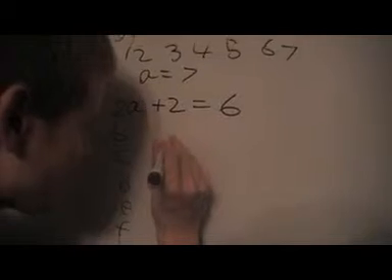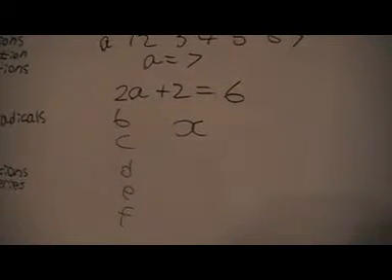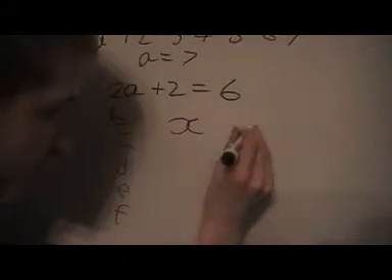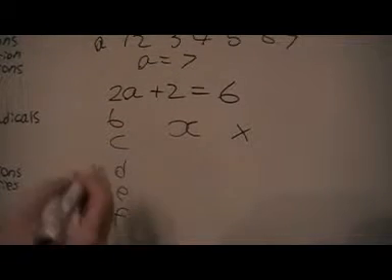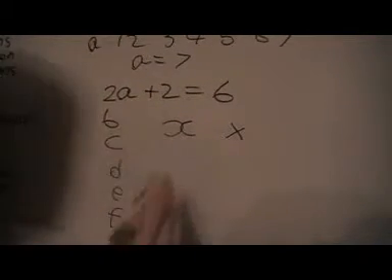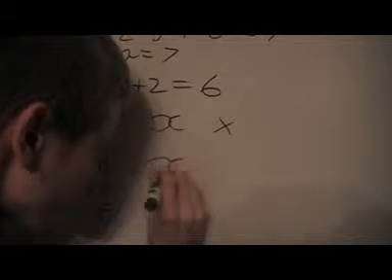Also, in algebra, we usually write x's like this. And the reason we do that is because if you write x like that, you can get it confused with the multiplication sign. So, say you want to do some operation like x times x.